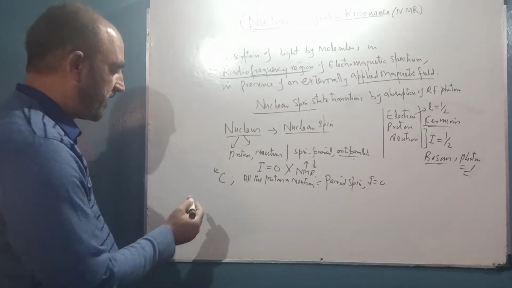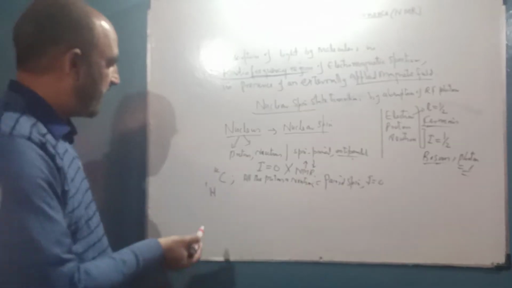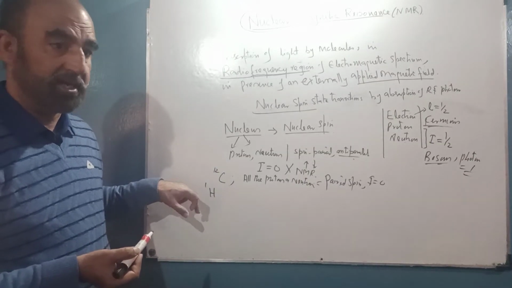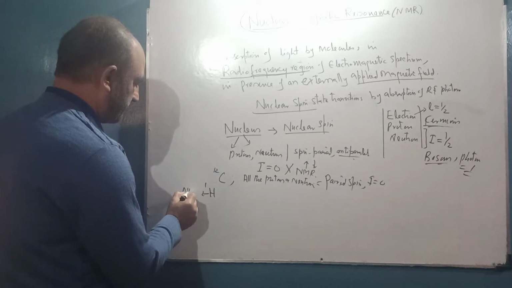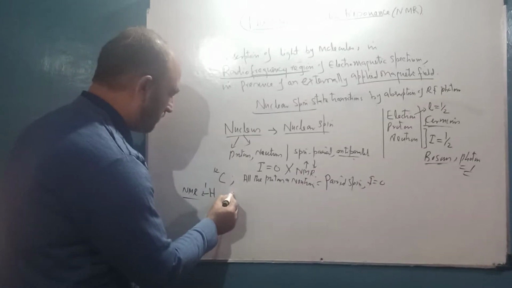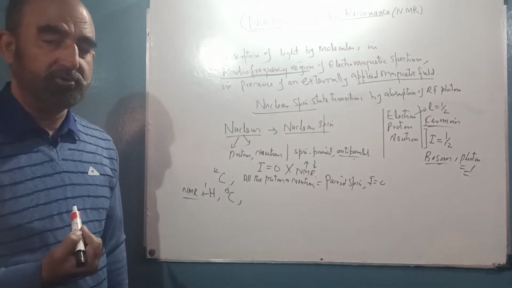But if we talk about, say, hydrogen nucleus, hydrogen 1, and when we are doing NMR on hydrogen 1 nuclei, we call that technique hydrogen 1 NMR. Or we talk about carbon 13 nucleus. Now in carbon 13 nucleus we have one more additional neutron.